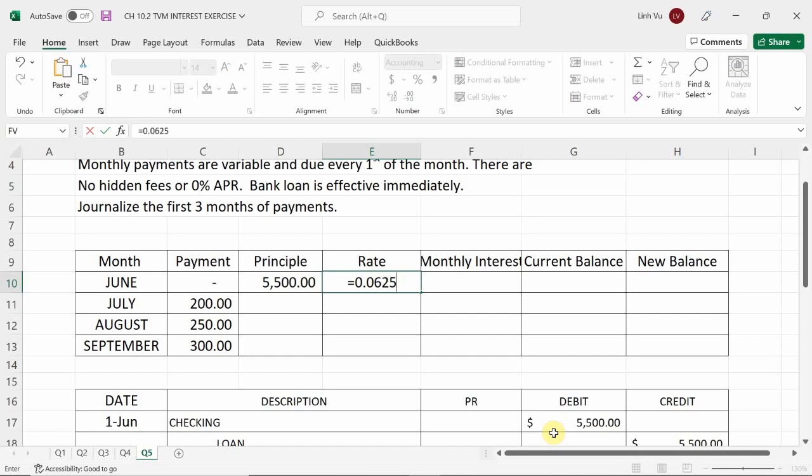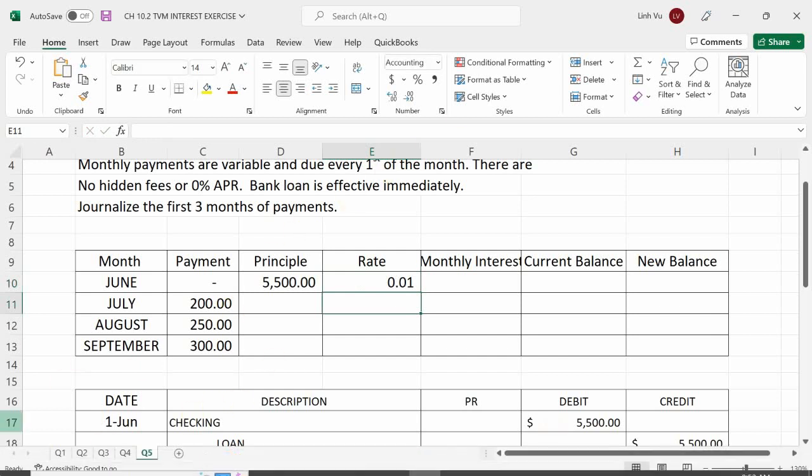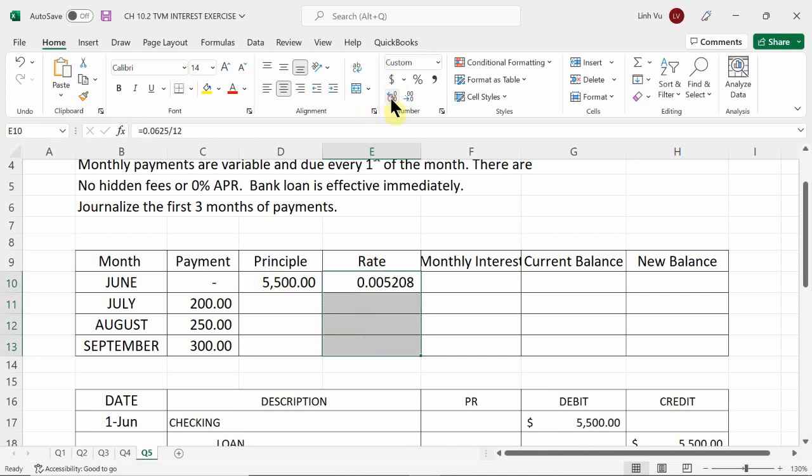Good. You're going to divide the 6.25 by 12, and that's going to give you your monthly interest. So how much is your monthly interest? 0.005. Correct, right? Because it's 6% for 12 months. So you're essentially going to be calculating 0.5% per month. Okay, so in this case, simple, straightforward.